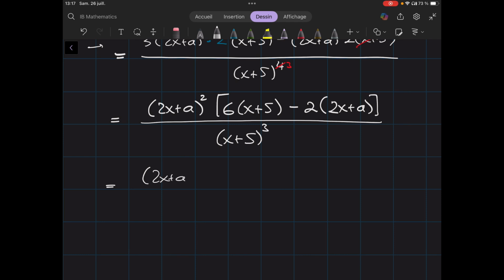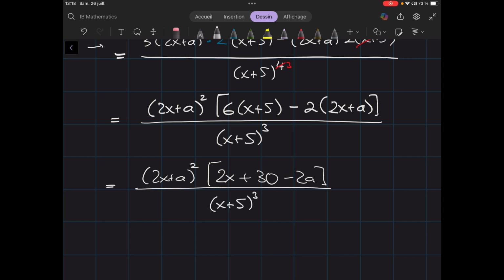So 6(x plus 5) minus 2 times (2x plus a). That gives us 2x plus 30 minus 2a, divided by (x plus 5) cubed.